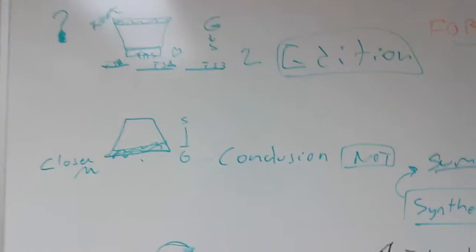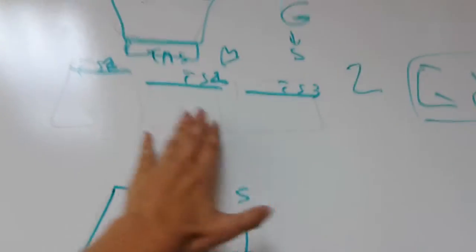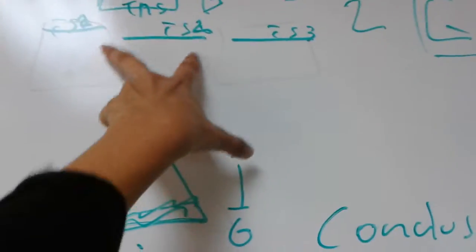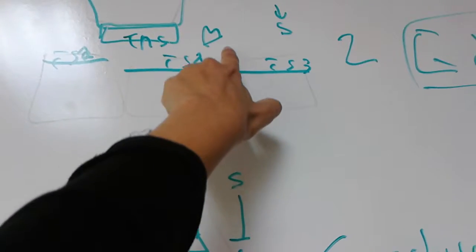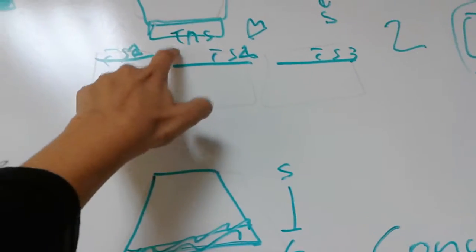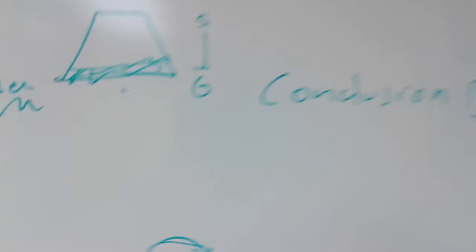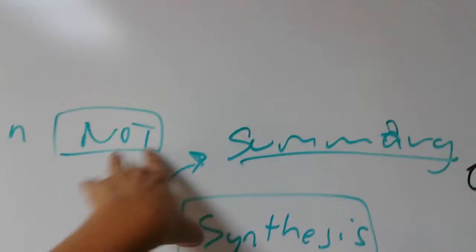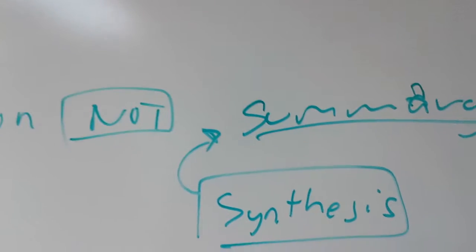That's why it's important. And then each body paragraph starts with a topic sentence, 1, 2, and 3, that are related to the heart of our essay, our thesis statement. Therefore, remember, the conclusion is not a summary, it's more like a synthesis.